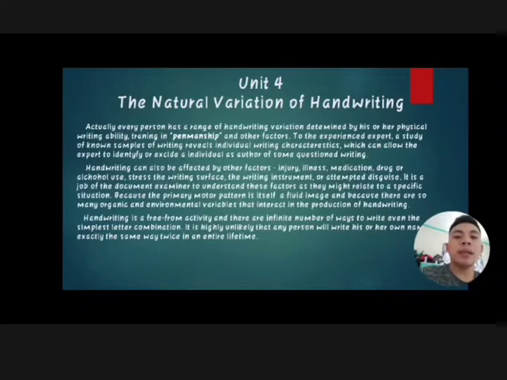Handwriting is a free-form activity, and there are an infinite number of ways to write. Even with the simplest letter combination, it is highly unlikely that any person will write his or her own name exactly the same way twice in an entire lifetime.